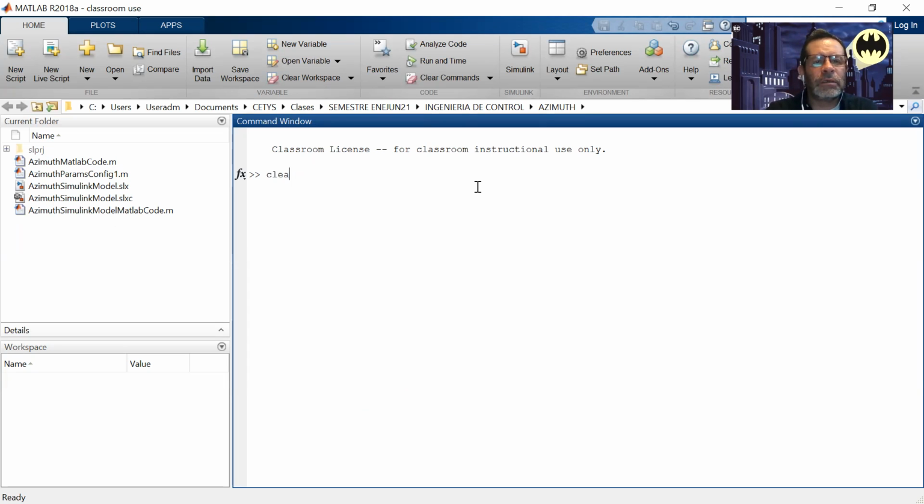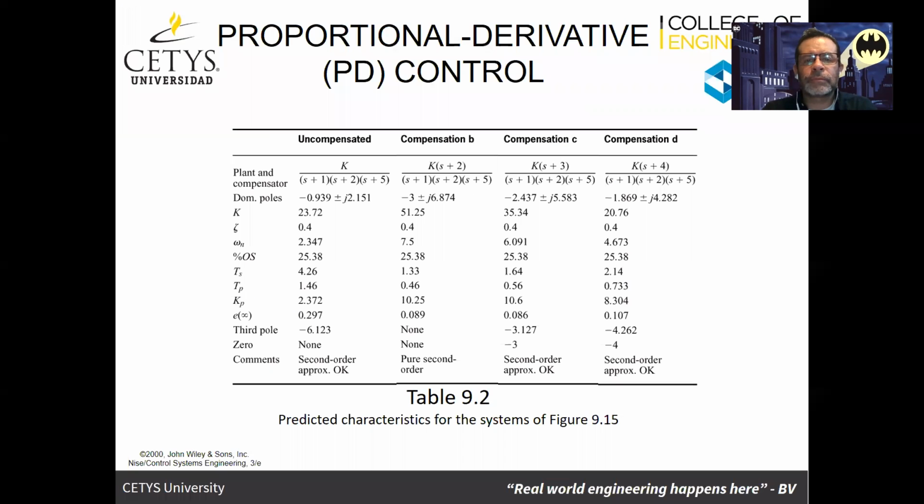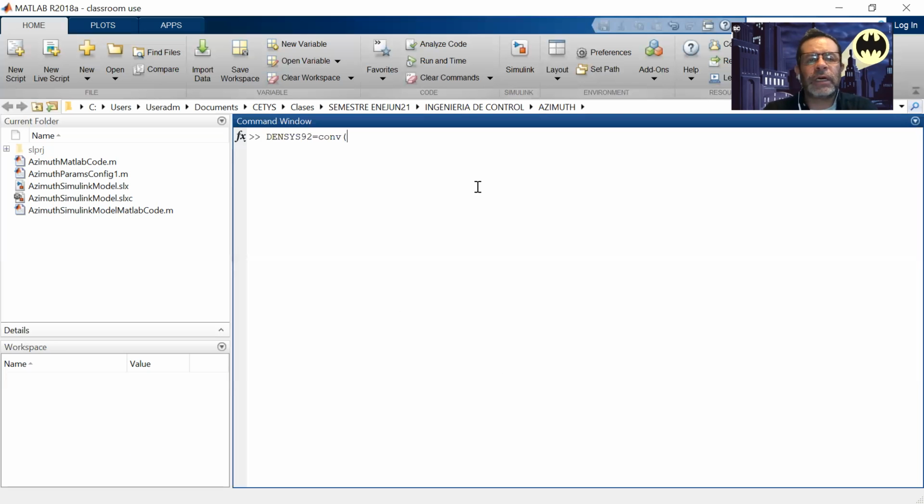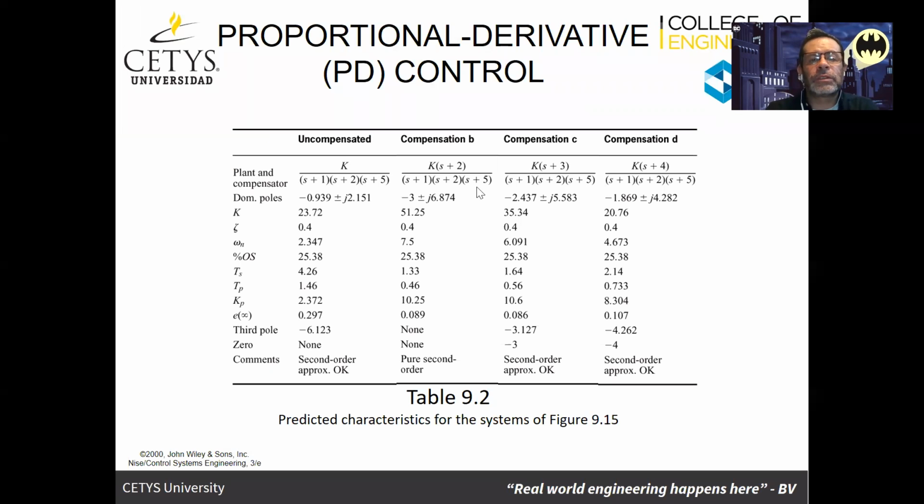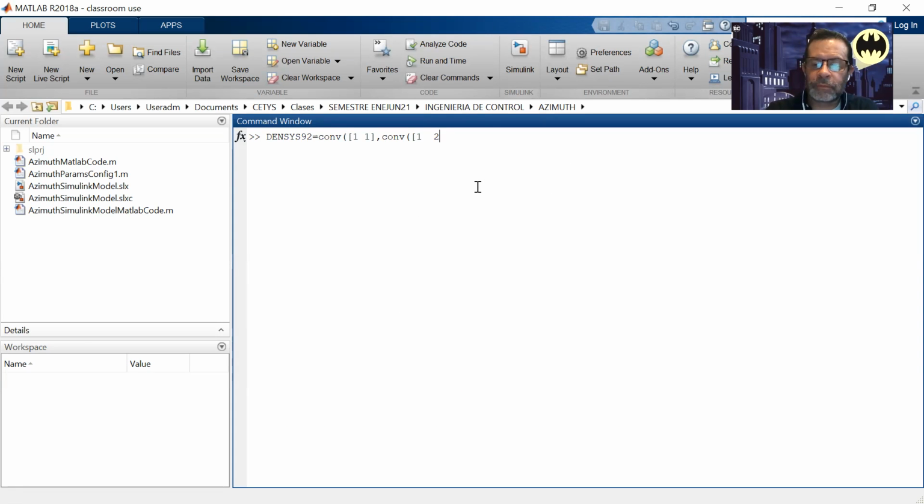Let me do a clear all and a clc. The den sys 92 is going to be the convolution of s plus 1, s plus 2, and s plus 5. That's going to be the denominator.